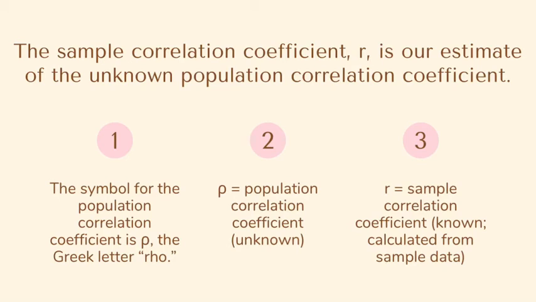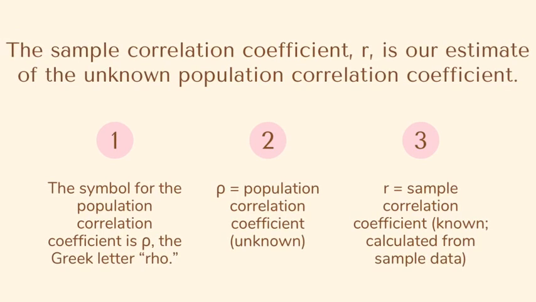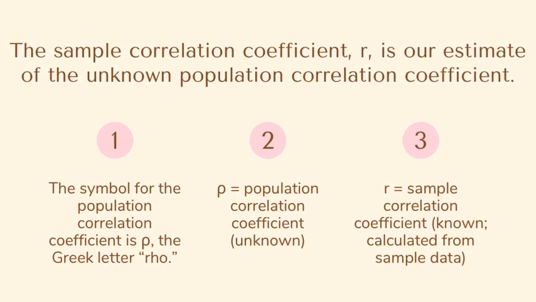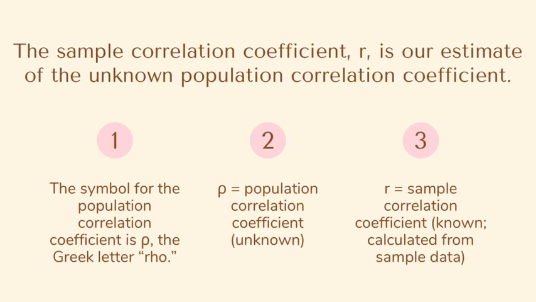First, the symbol for the population correlation coefficient is ρ, the Greek letter rho. Rho equals the population correlation coefficient, which is unknown. R equals the sample correlation coefficient, known as calculated from sample data.